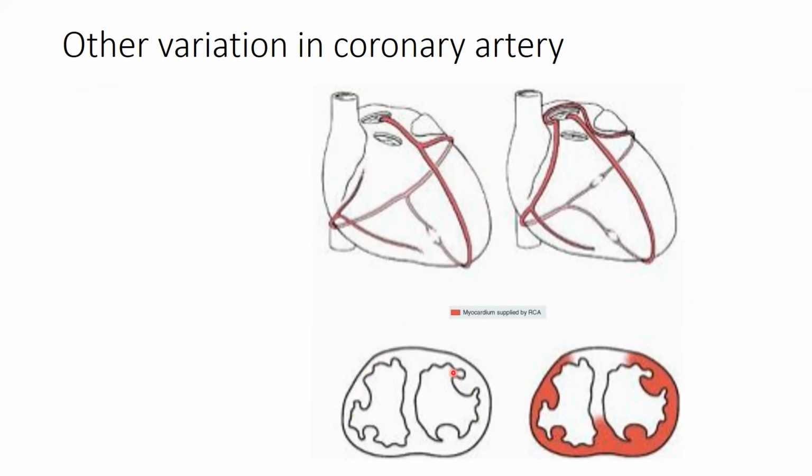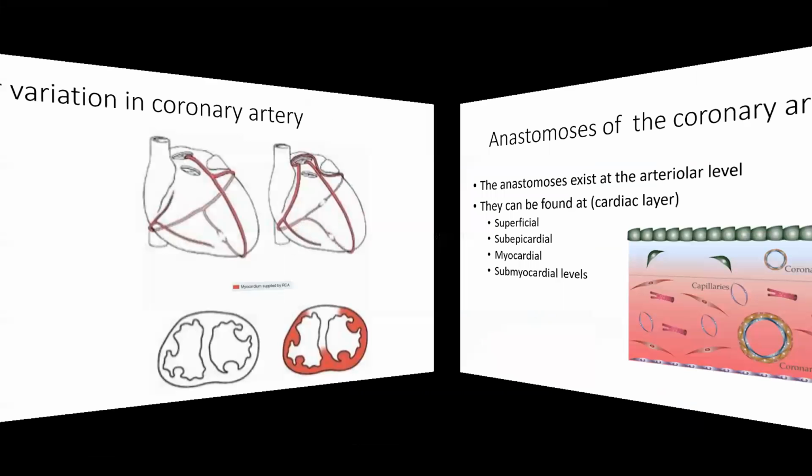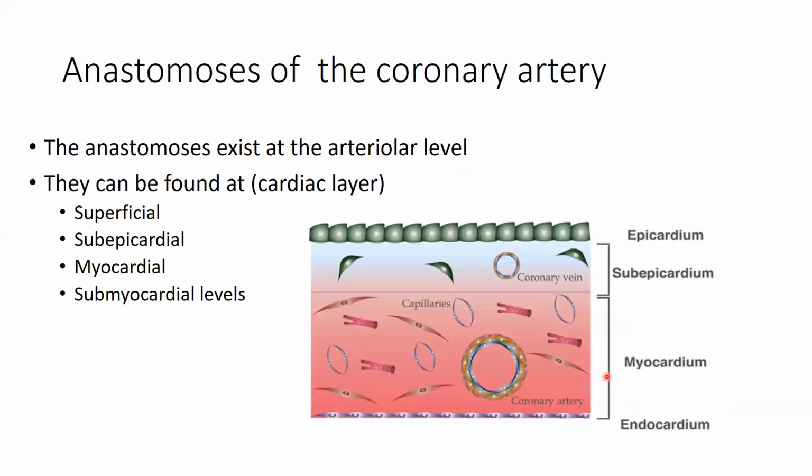Like in this case, most of it is supplied by the right coronary artery. So there are many variations in coronary artery, but PIVA is one of the commonest variations. And anastomosis of the coronary artery, anastomosis exists at the arteriolar level.